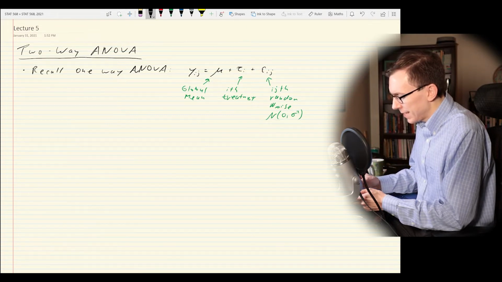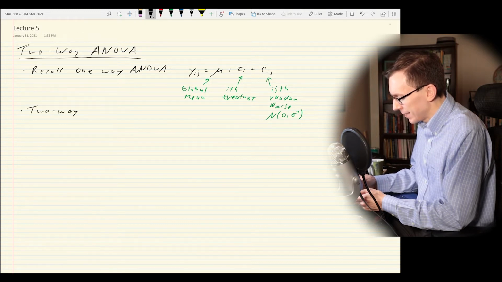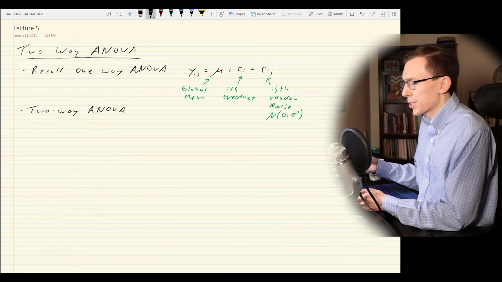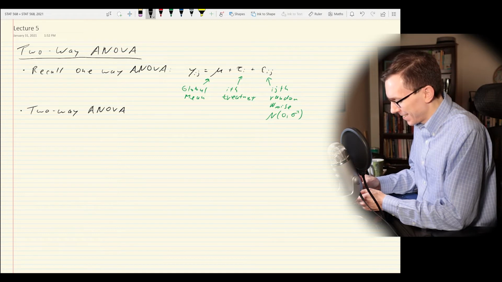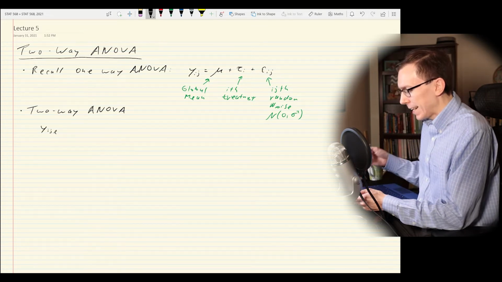Well, when we move into the idea of two-way ANOVA, now I'm going to change the notation slightly. And in this case, we're going to just throw a whole bunch more Greek letters in there, because you got to love the Greek letters in experimental design. So we're going to use ijl.